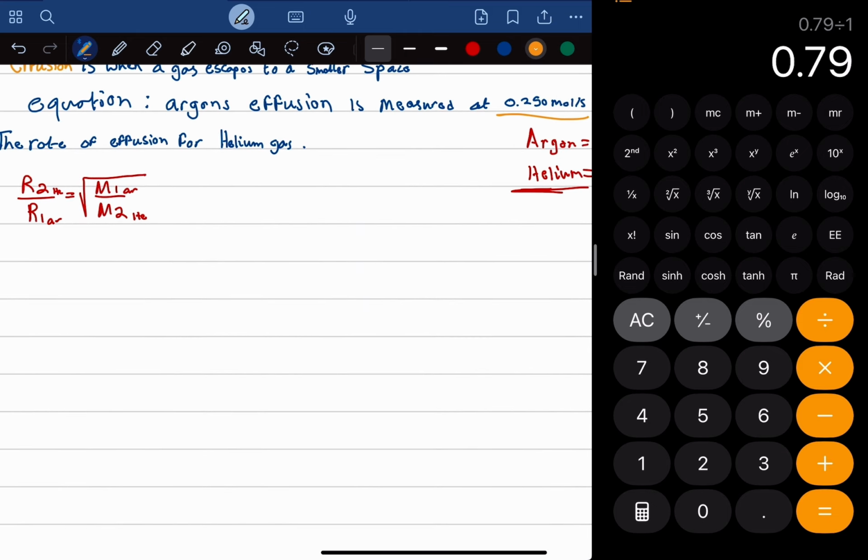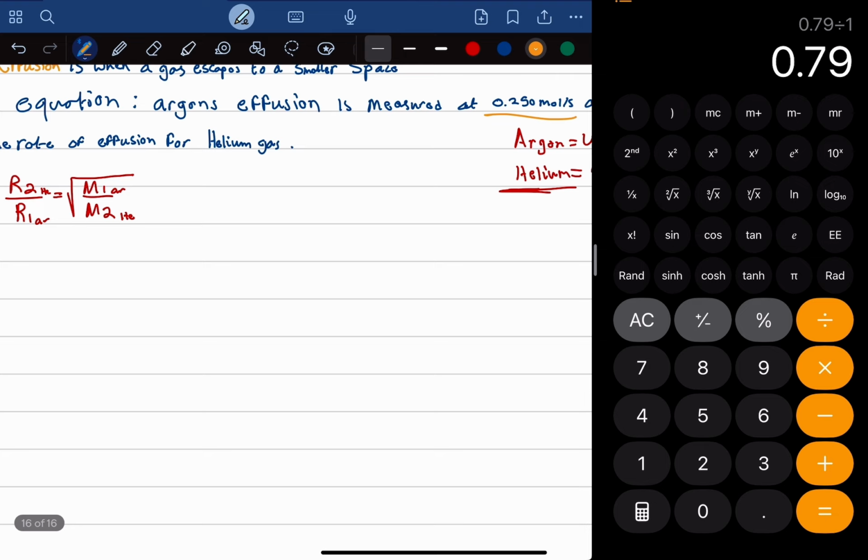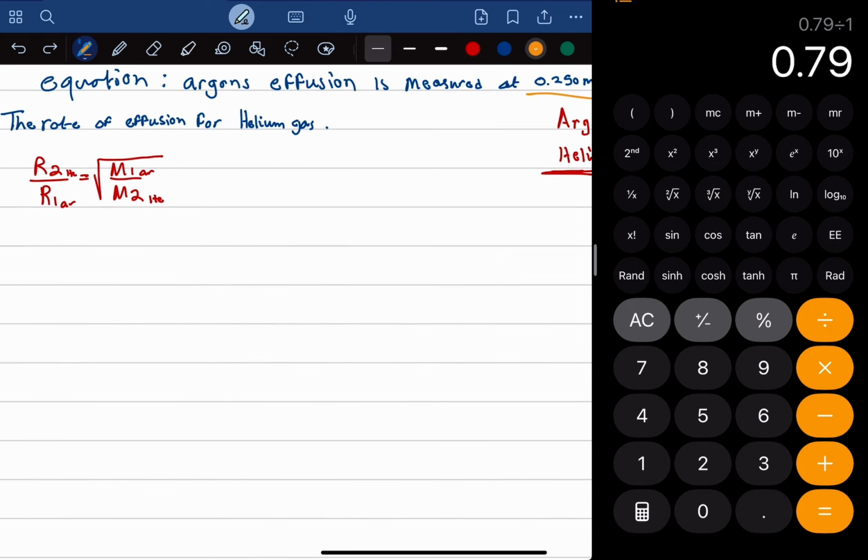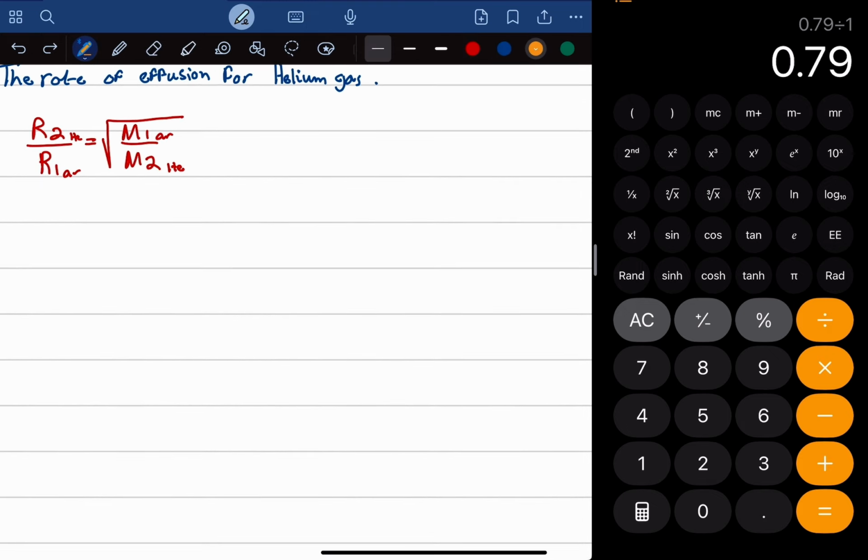First of all, I would like helium to go right here, at rate 2. This is because it's going to be more complex if I put it for R1, because I need to flip the fraction. So putting it in R2 will be much easier for me and much simpler for you guys.